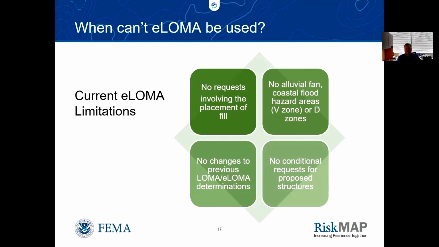That needs to go through the standard process so that we can make sure that that new determination is correct and that it's properly superseding the incorrect determination. And there can be no conditional requests. So everything has to be based on existing structures or existing properties, no proposed structures.